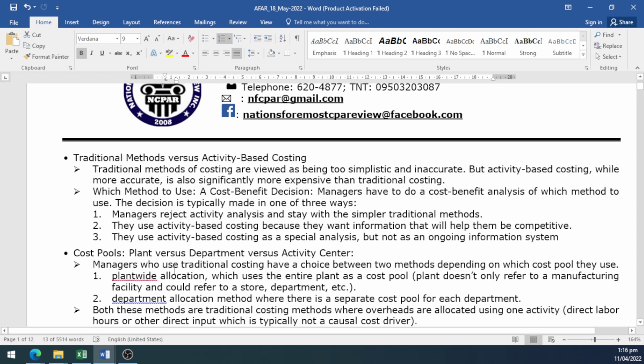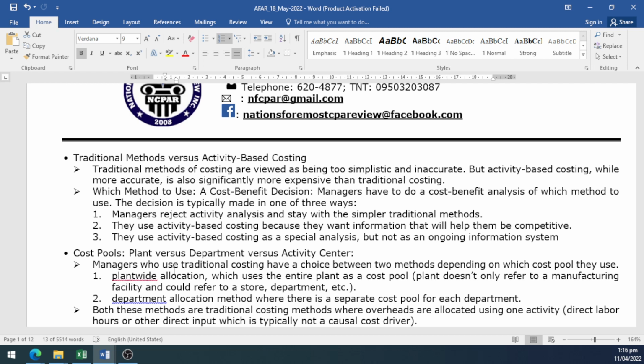Between the two systems, traditional and activity-based costing, of course, yung activity-based costing, that is more accurate. But in our past number 2, wala pa naman yung activity-based costing na mababasa kayo, no? In fact, yung dun sa ating past number 2, we allocate factory overhead using the normal capacity.